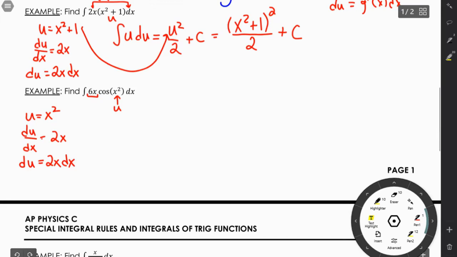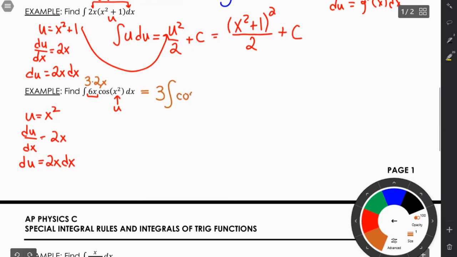So how can I make this something times 2x? Well, 6x is 3 times 2x. So as I'm rewriting this, I can pull that 3 out, and so then this becomes cosine of x squared times 2x dx. Well, there's my u, and here's my du.